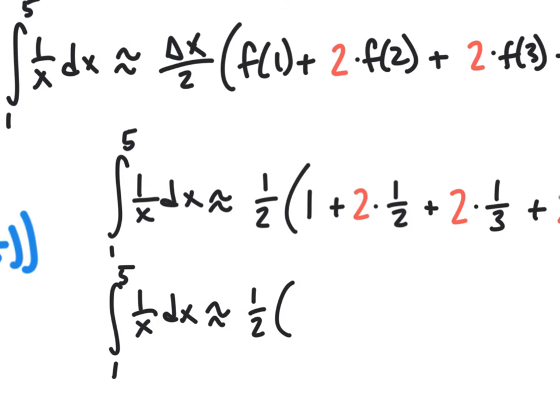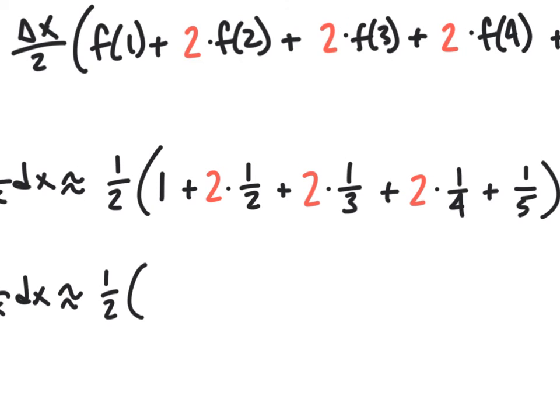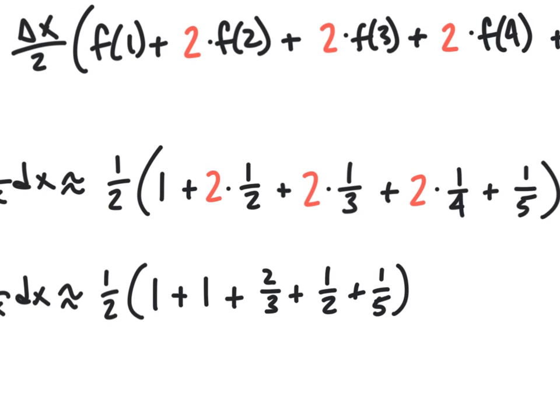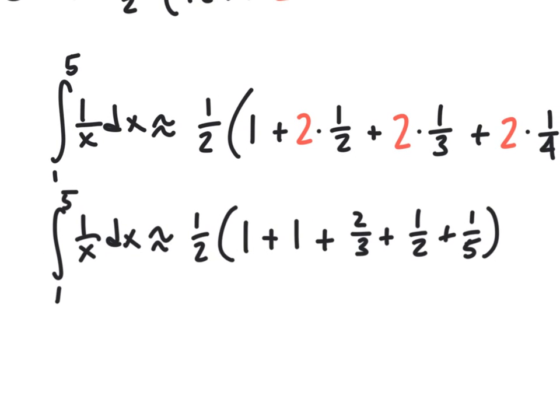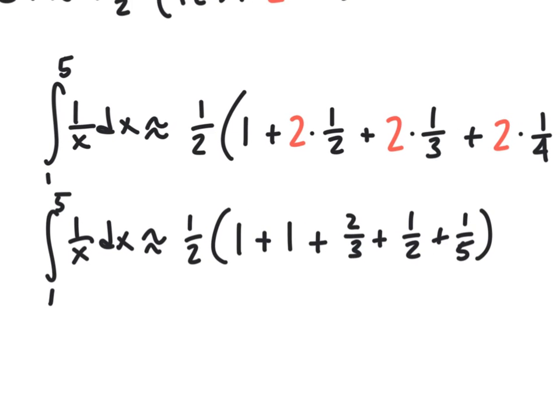Let's go ahead and simplify this as much as we can. This is going to give me 1 plus 1 plus 2/3 plus 2 times 1/4 is 1/2, and then plus 1/5. I'm just going to quickly compute this in the calculator. Give me a second here.